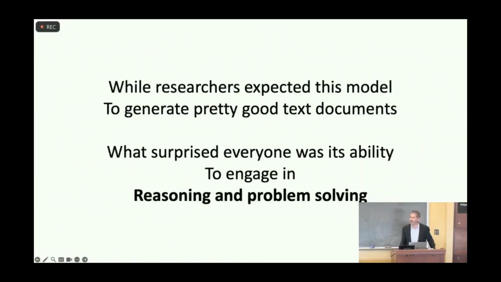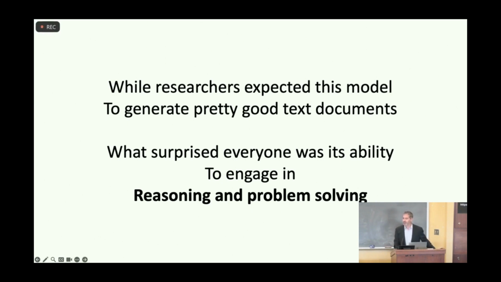And it wasn't just its ability to generate funny poems like I showed you. It was its ability to engage in reasoning and problem solving. That was totally unexpected among AI researchers. We thought it would be able to generate text. We thought that was totally expected. We didn't expect it to be able to reason and solve problems.